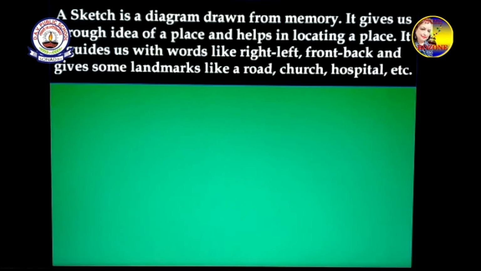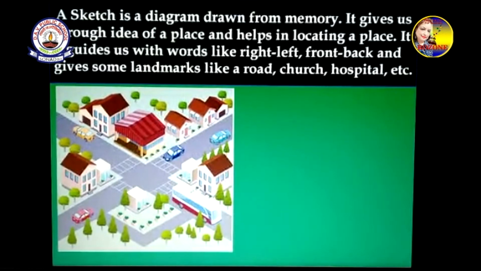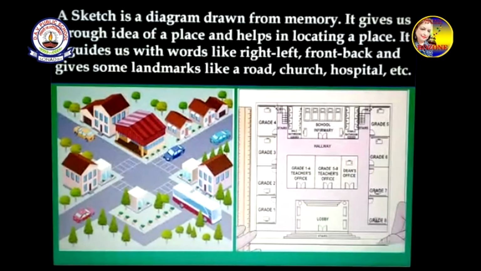People draw and give directions, front, back, and landmarks like road, church, hospital, etc. You can see a sketch over here, and this is how you can reach. A sketch can make you reach a place if you understand it properly.